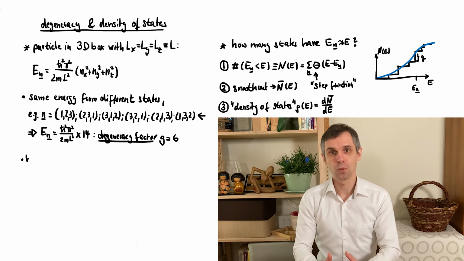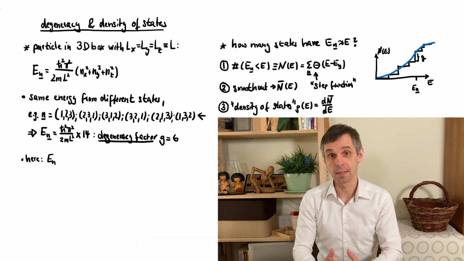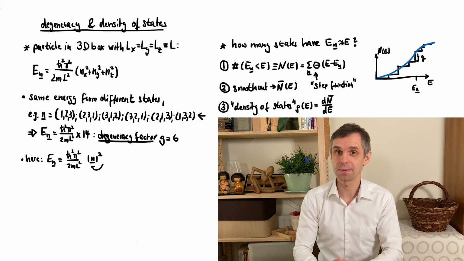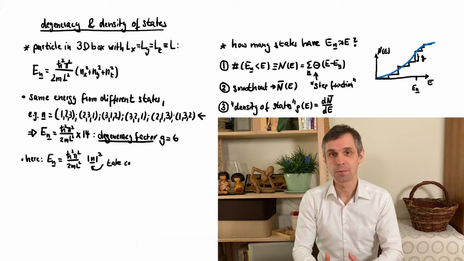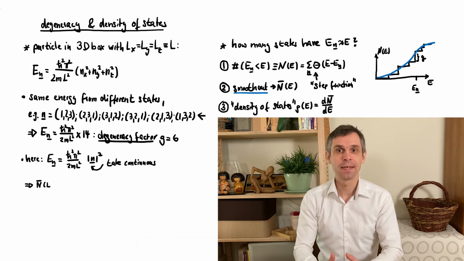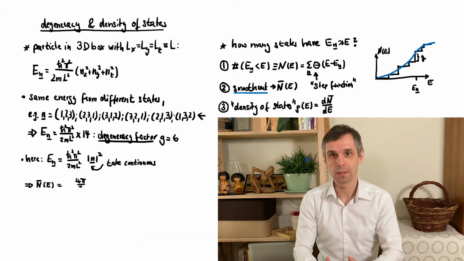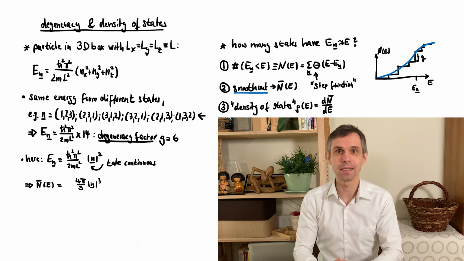So if we fix the energy, this fixes the length of n, and all states with energy up to the specified value are inside the corresponding sphere. The approximation is then to just replace this number by the volume of the sphere, divided by 8 to account for the requirement that all the three indices are positive.